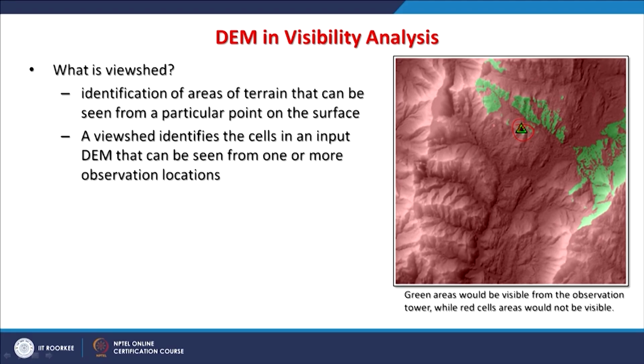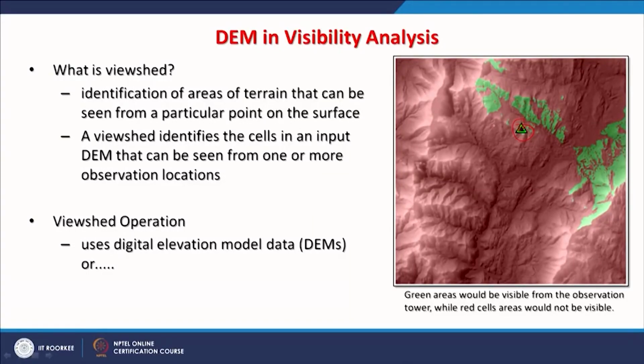Now, a viewshed basically identifies the cells, because after all a digital elevation model is made from cells, in an input DEM that can be seen from one or more observation locations. This viewshed analysis is also important for watchtowers, especially in forest areas, or for those who are going for photography of animals and other things.